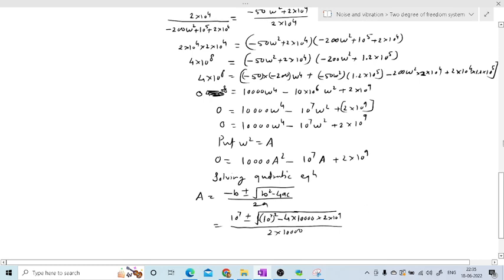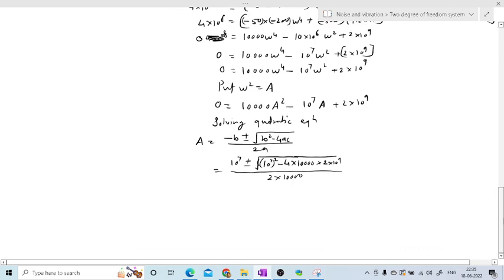If I solve, I will get two solutions. If I put plus, I will get one solution, and if I put minus, I will get the second solution. So we will get two solutions for this omega square.